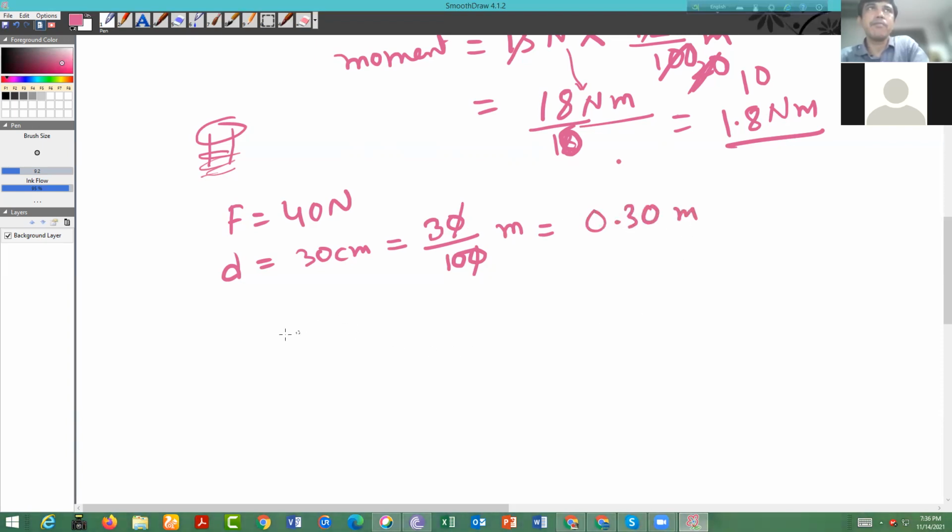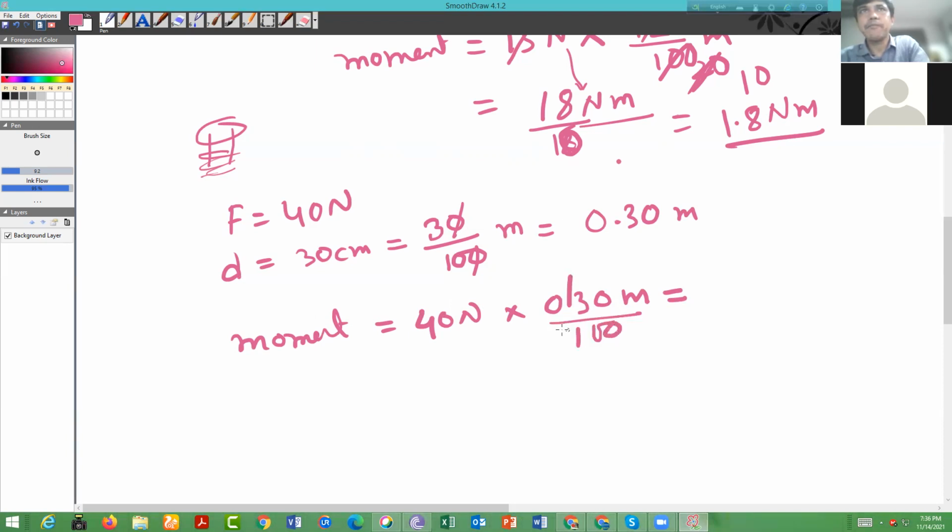So moment equals F, 40 Newton, into D, 0.30 meter. If we multiply this, we can write it like this: take this out, 100, 0 cancel, 0 cancel. That means 12 Newton meter. This is the answer.